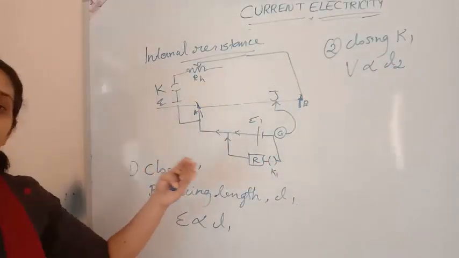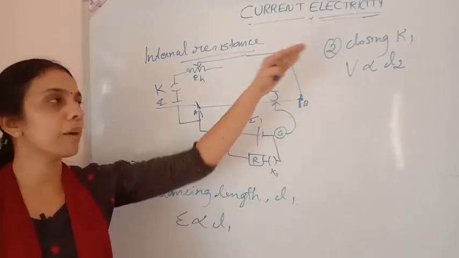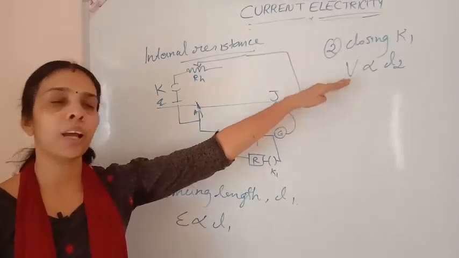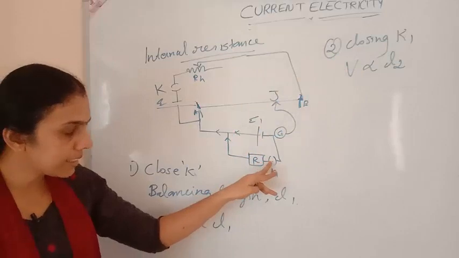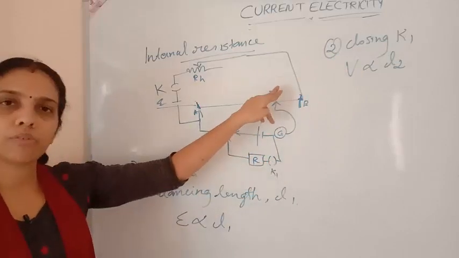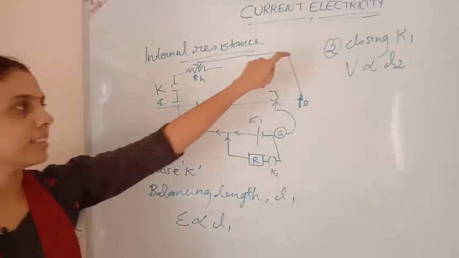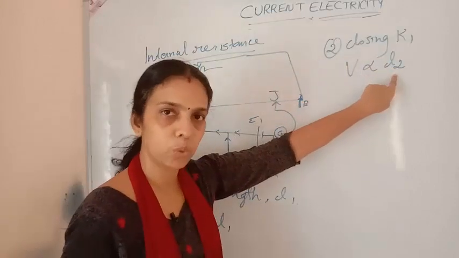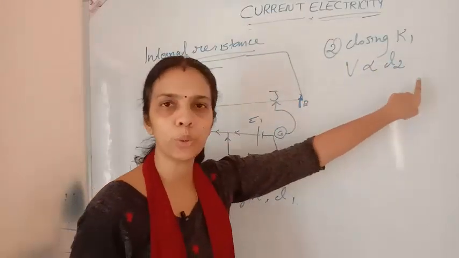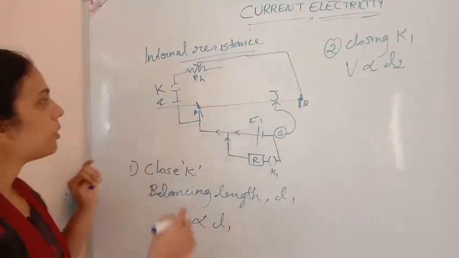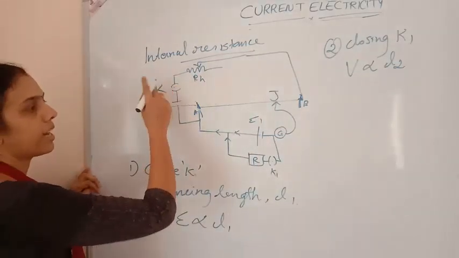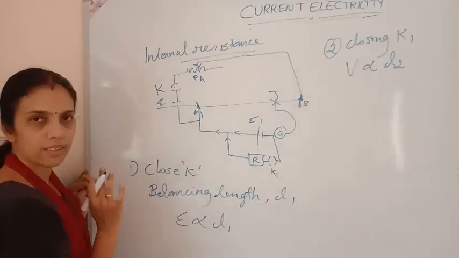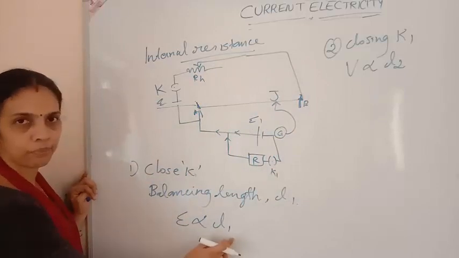Now again we find the balancing length. The balancing length is L2, found while closing the key K1. So V is proportional to L2. Let me tell you once more: first, closing K and finding the balancing length L1.